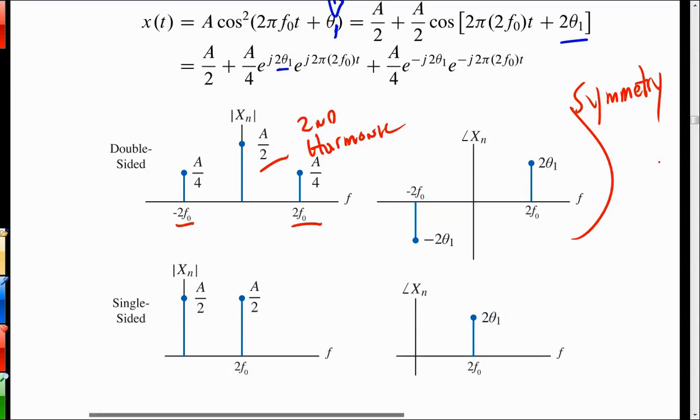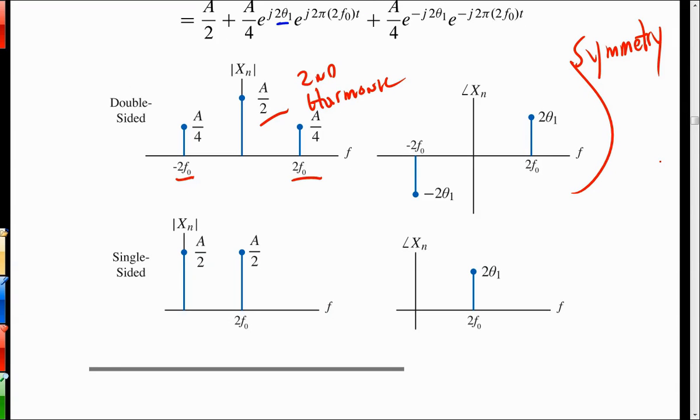The single-sided spectrum just collapses things down and only looks at the positive frequency, so the DC component stays the same, but this gets doubled because we're effectively taking this and bringing it onto that side to represent the effective amplitude at the positive frequency. And that's what that trig form on the previous page was doing.